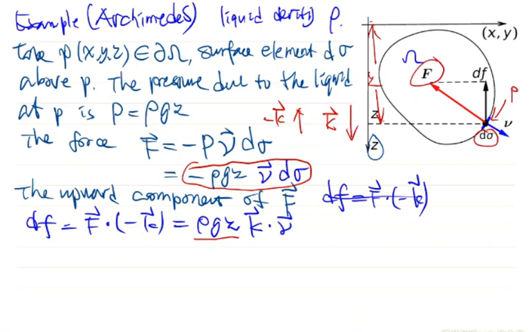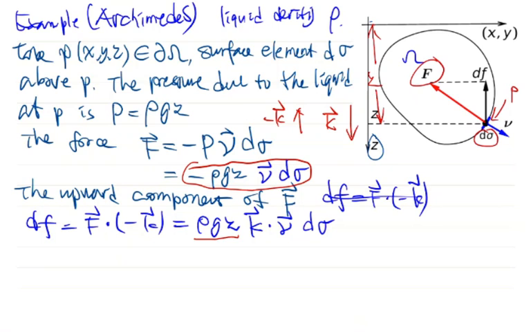Therefore we have rho gz here, and then the inner product of k and nu, and we also have d sigma. So this quantity is the upward component of the force, corresponding to the surface element.